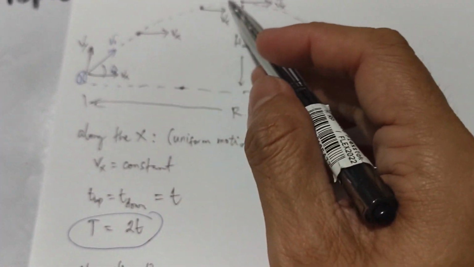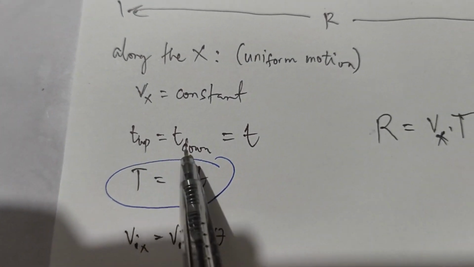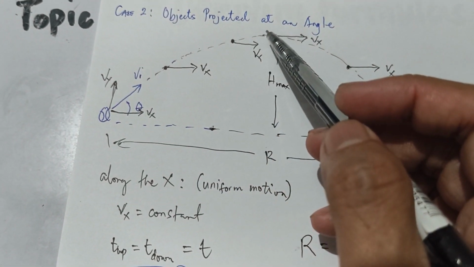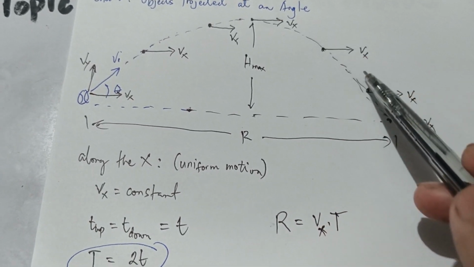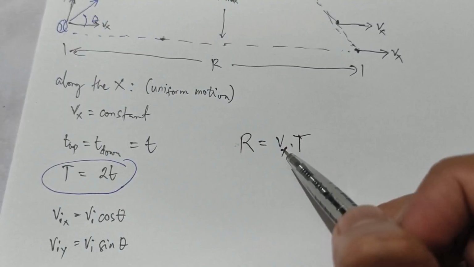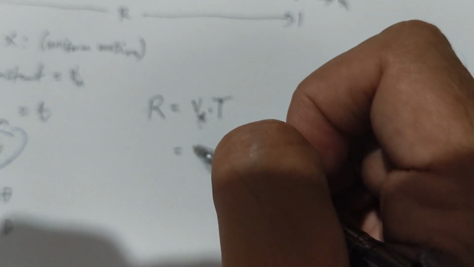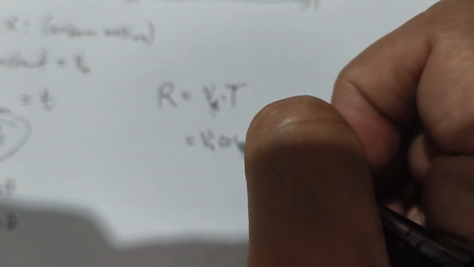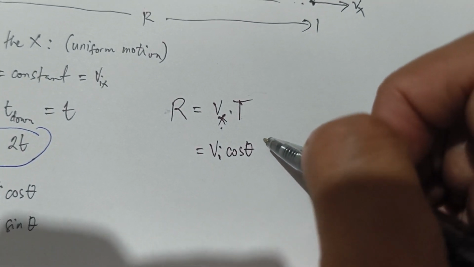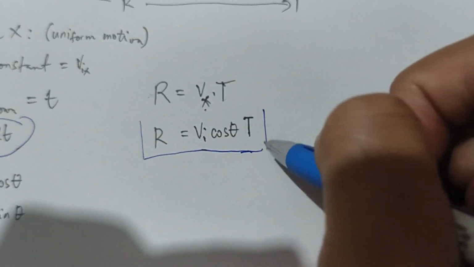Okay, since we have t up and t down. So again, emphasize ko lang, t up is equal to t down. So for example, the object took 3 seconds to go up to the highest point. It will also take 3 seconds to go down to the same level. Alright? So therefore, from here, kung kukunin natin yung x component mula dito, so this becomes r is equal to v initial cosine theta times the time. So this becomes our formula for the range for case 2.